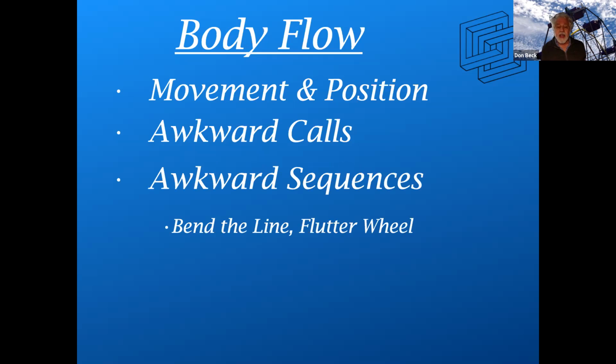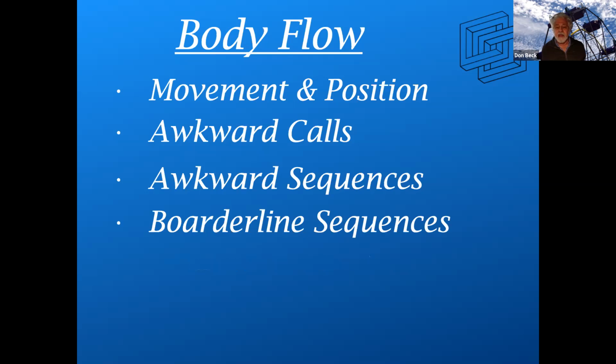This is from a right-hand two-face line, a one-face line, but there are exceptions, of course. A left-hand two-face line to a flutter wheel is very nice, but that's a typical example. Another one is, centers in instead of cast off 3/4, bend the line. It's a very awkward sequence. You're going this way, you're going that way. And there are other examples, but I'm just trying to give you others.